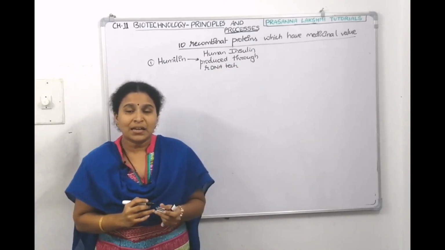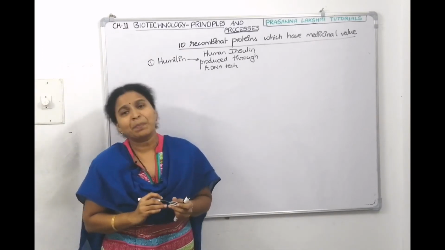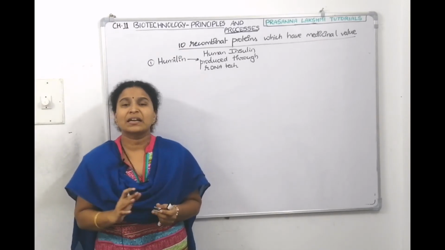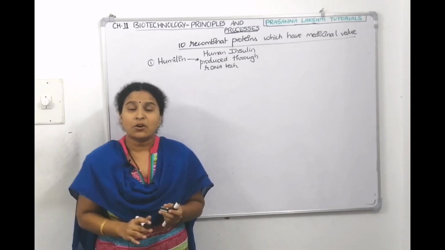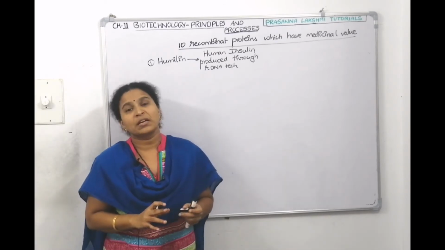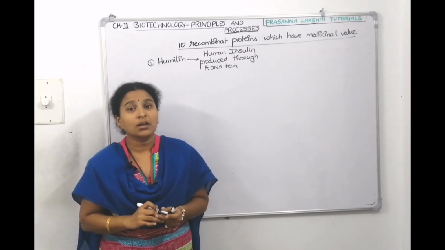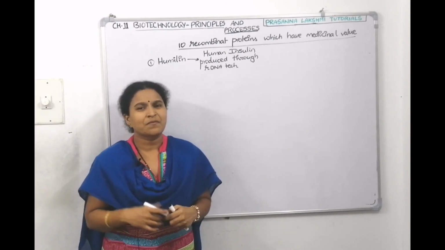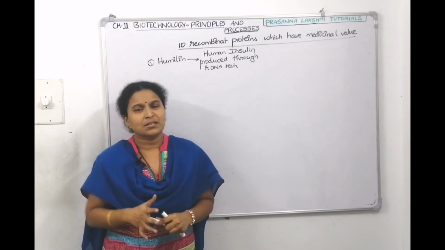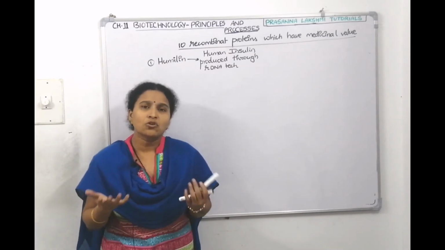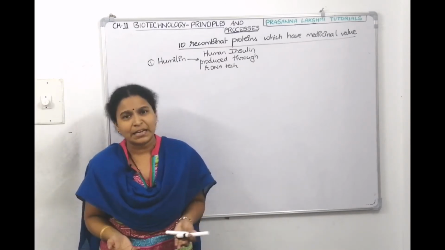Now we know that in our society, so many people are suffering from sugar, diabetes mellitus. It is because of the deficiency of this human insulin hormone. Earlier, when biotechnology was not there, they used to take insulin from slaughterhouses, pork insulin, beef insulin, which is not human specific insulin. It would give some side effects.